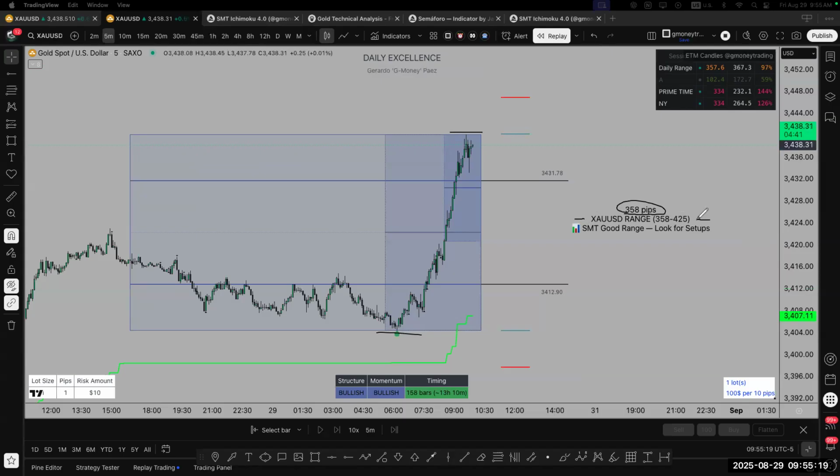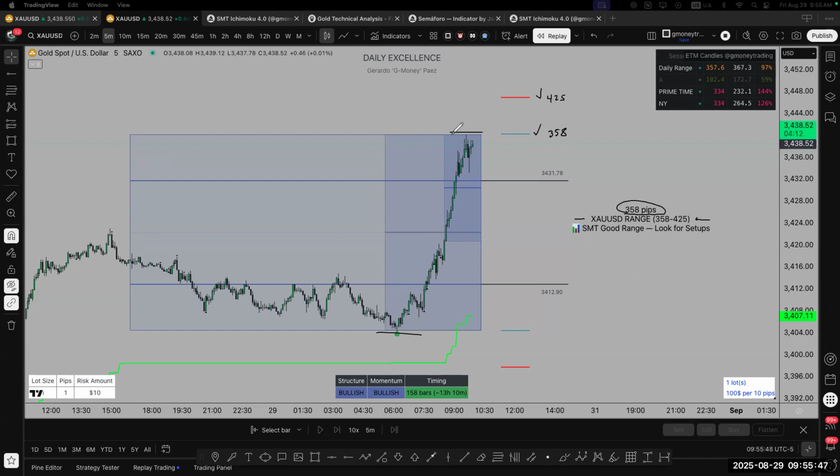This number that I have here in the middle is a mathematical calculation that, on average, we get to 358 or 425. What are those ranges? Those ranges are this blue line and this red line. The blue line is technically 358 and the red line is 425.